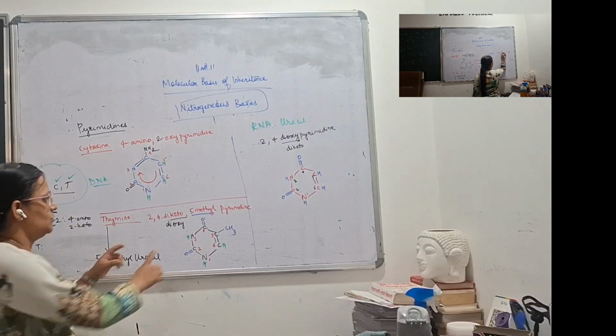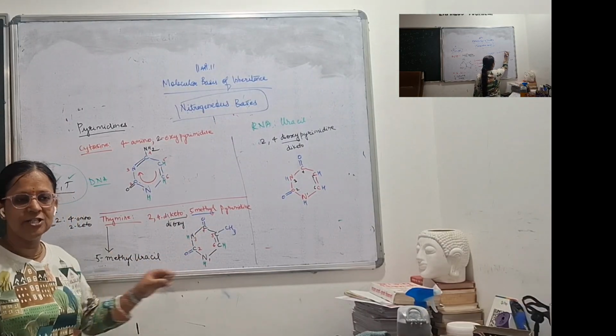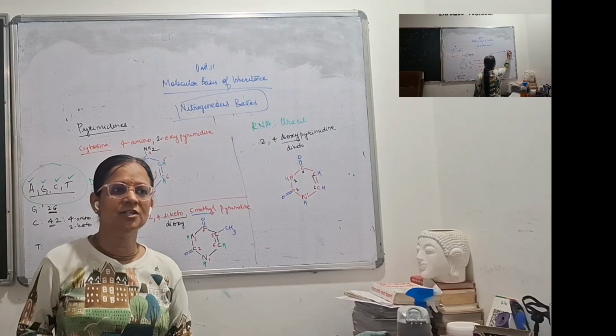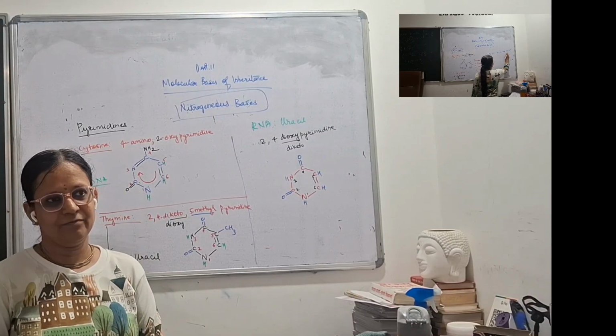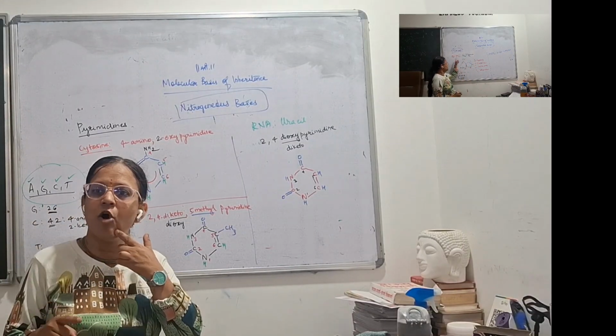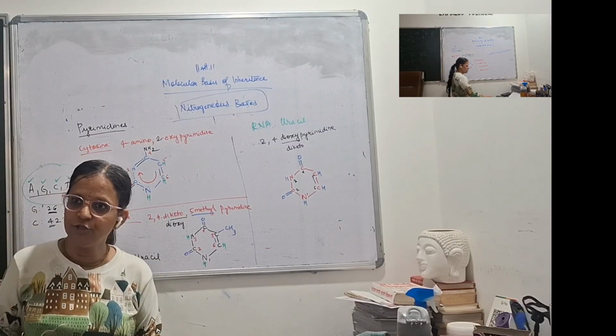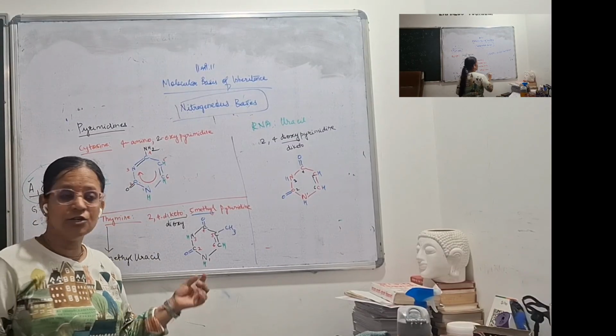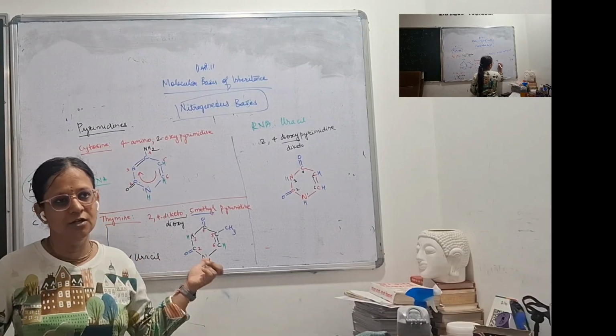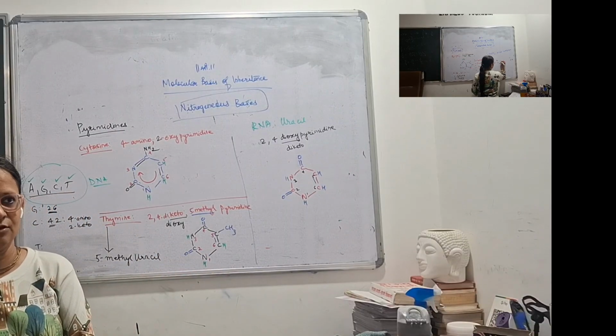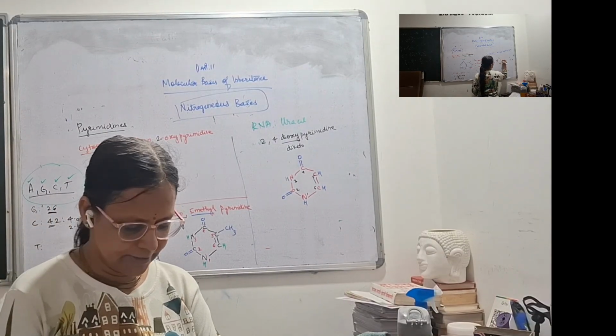But if you find some different functional groups on a base, then that means it is a mutated base. And a mutated base will cause change in DNA and RNA. That means in evolution, mutations do occur because of changes in the structure of the nitrogenous bases. This you have to understand.